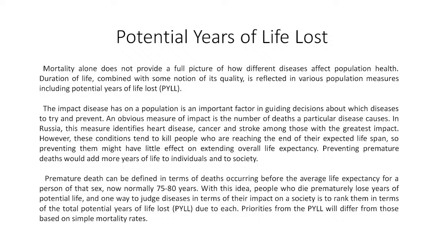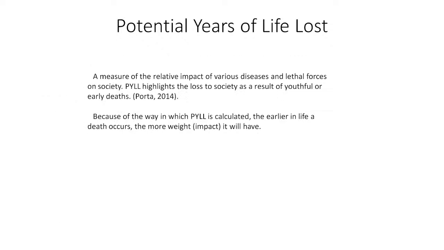Priorities from the potential years of life lost will differ from those based on simple mortality rates. It is a measure of the relative impact of various diseases and lethal forces on society.